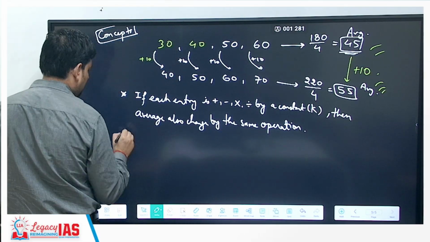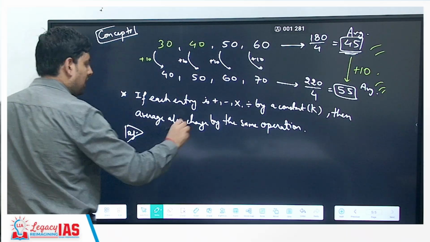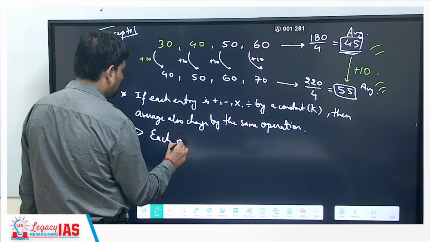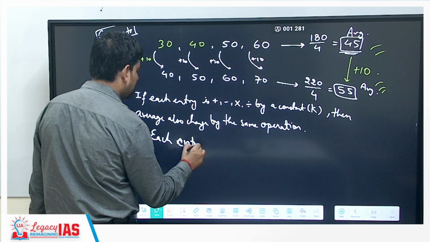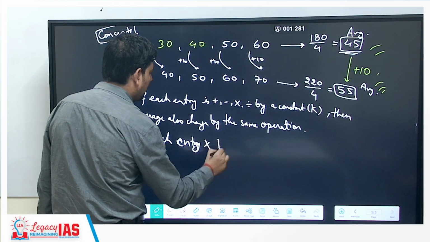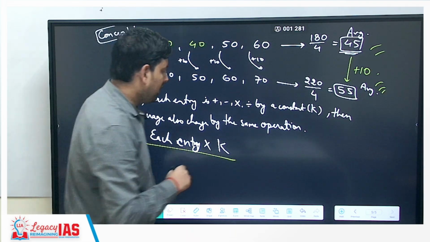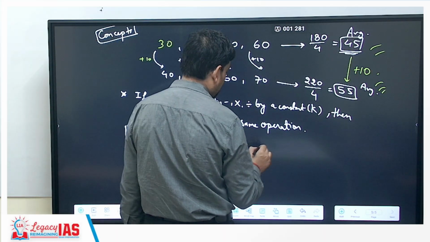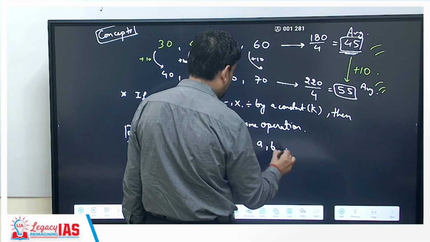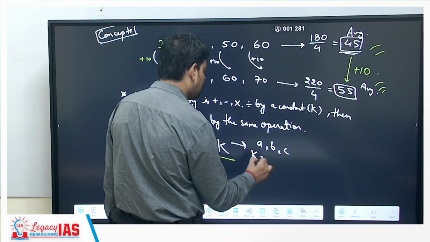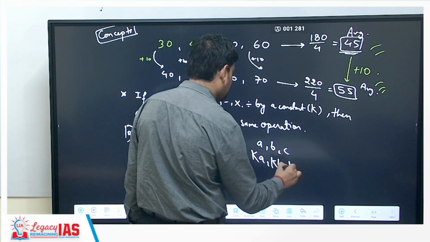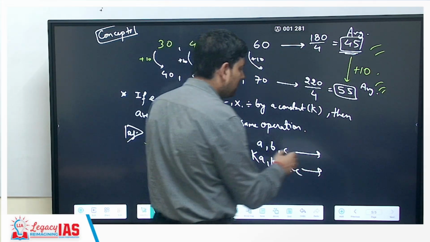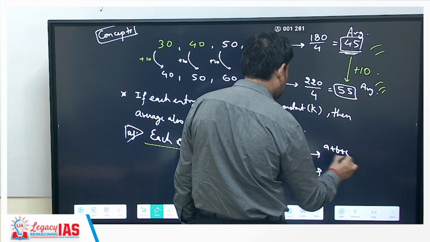So one more example you can take. If each entry is, let's say, multiplied by k. Let's say the entries were A, B and C. Now I multiplied all of them by k. So this becomes kA, this becomes kB, this becomes kC. Now let's take the average of them. The average was A plus B plus C by 3.